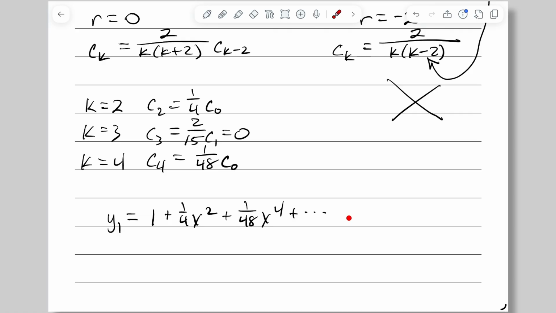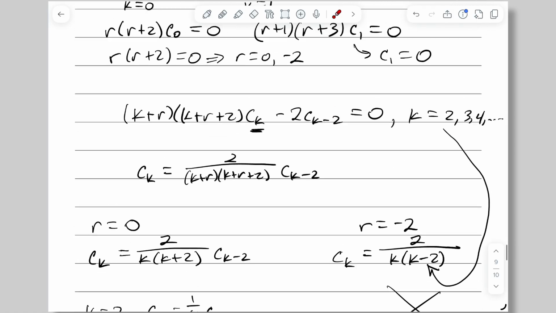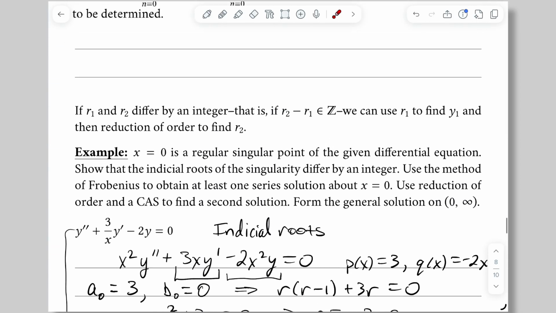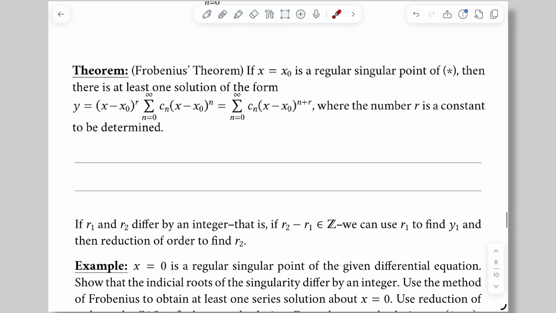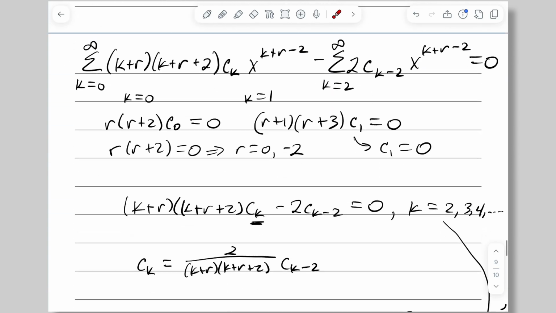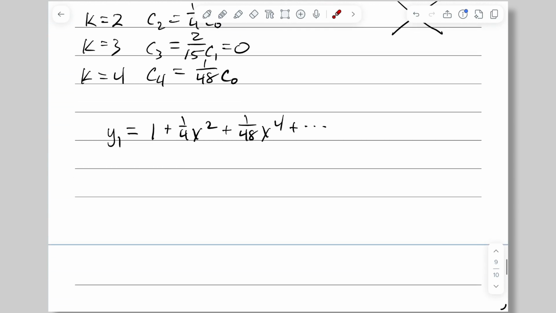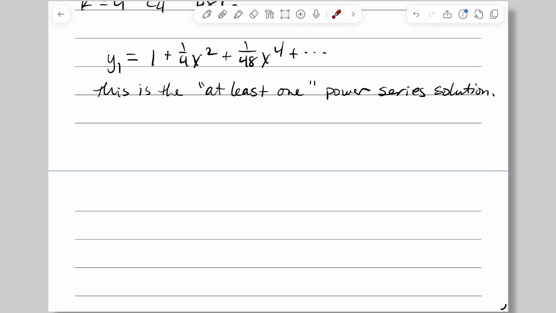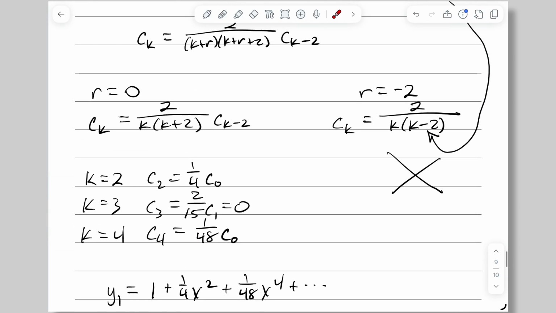That's the only solution we're going to get from this process. And this is what we kind of expected here at some point. There is at least one solution of the form of a power series. Well, we've got the at least one. And in general, I'll say when the indicial roots differ by an integer, one of a couple things is likely to happen.